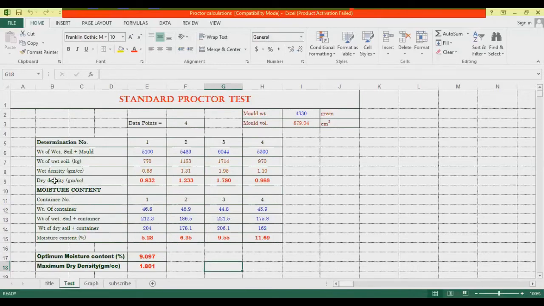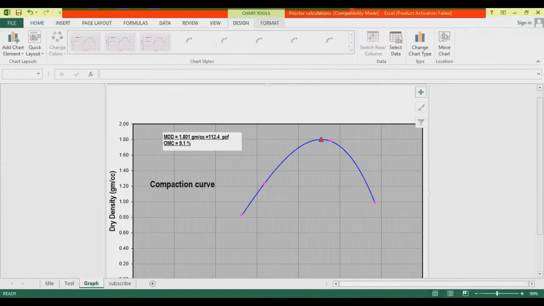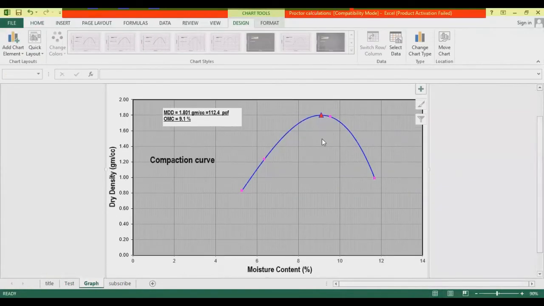So from the values of dry density and moisture content, we will plot a curve which will be known as a compaction curve. Now the compaction curve is drawn between moisture content in percentage on the x-axis and dry density in gram per cubic centimeter on the y-axis.